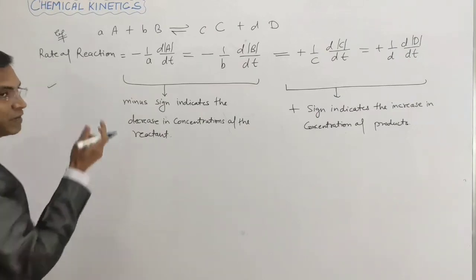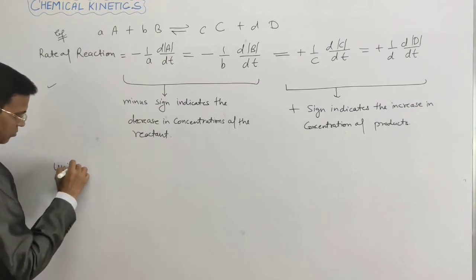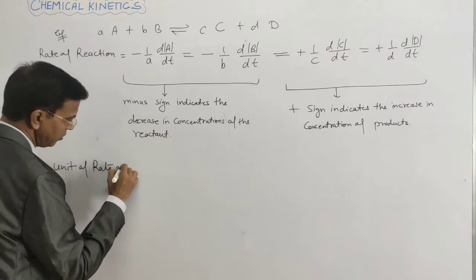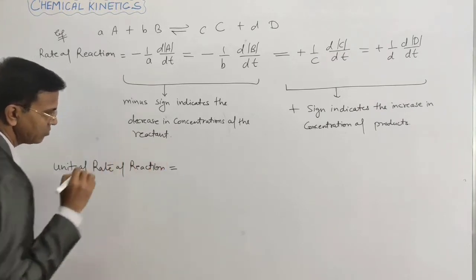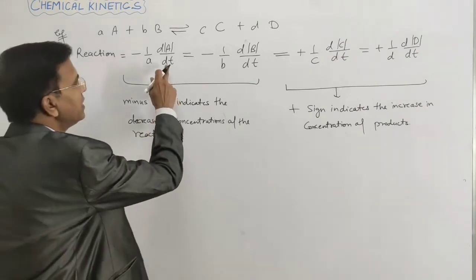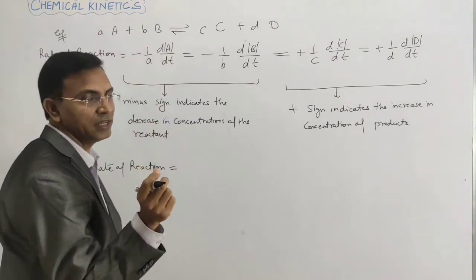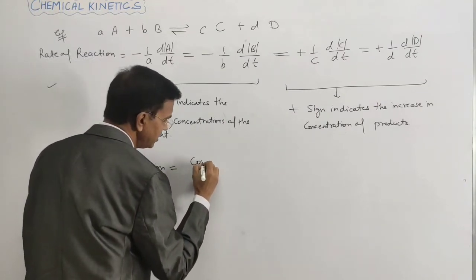The unit of the rate of reaction. Rate is dA upon dt, meaning concentration change in unit time.